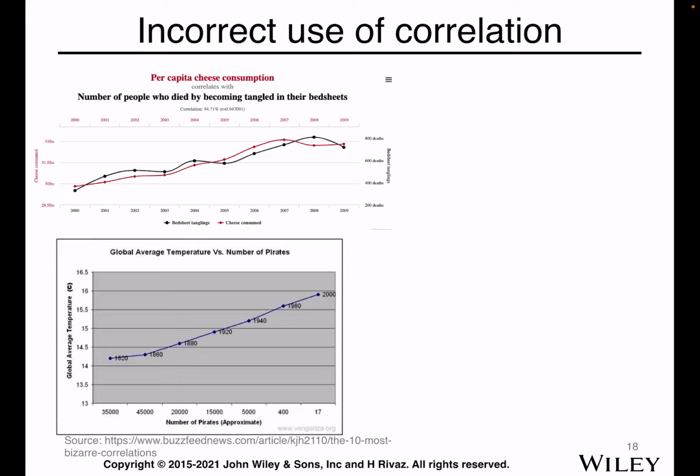So you look at random things, for example, color of shoes of the people, or size of the bed, or many, many different things, right? And then if you look at all of the combinations of those different things, by chance you can find a correlation, right? So in this case, the x-axis is the year, the black curve is bedsheet tangling, and the white and the red curve is cheese consumption, right?